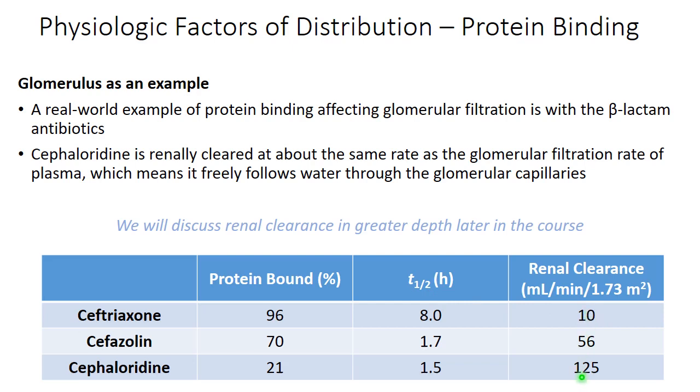The renal clearance of cephaloridine is really, really high, so that's essentially the same as the creatinine clearance. So that is directly related to the protein binding, and that's a simple example that the more protein binding, the slower the elimination. However, if these happen to be transported, we might be able to overcome that protein binding, as I mentioned before. And again, this is elimination.